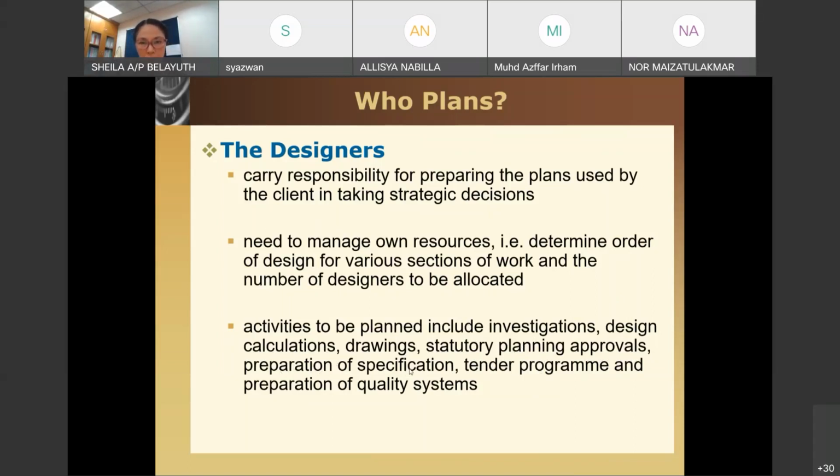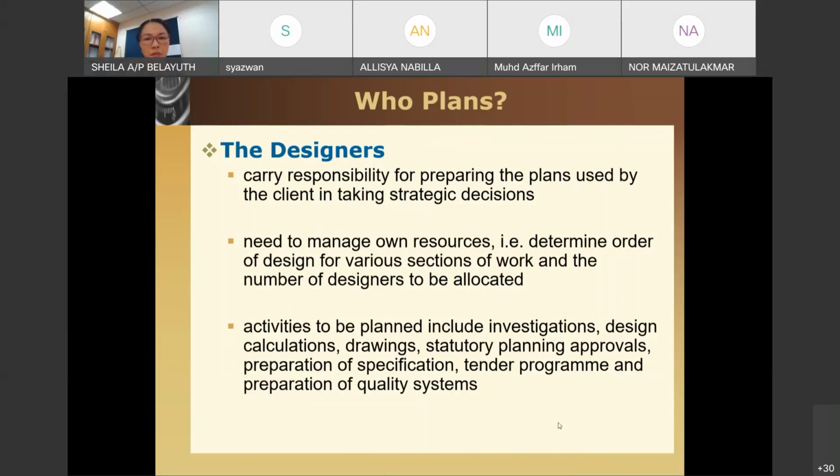Preparation of specification. Once you have the drawing, usually we will provide it together with the specification. The specification is a detailed description of the material. In your drawing, only so much can be represented about the material. For example, tiling. But in your specification, you will specifically highlight what type of tiling you want.